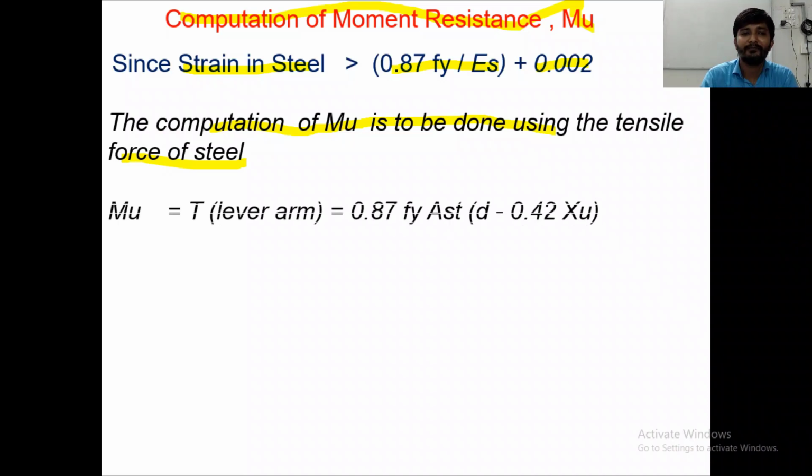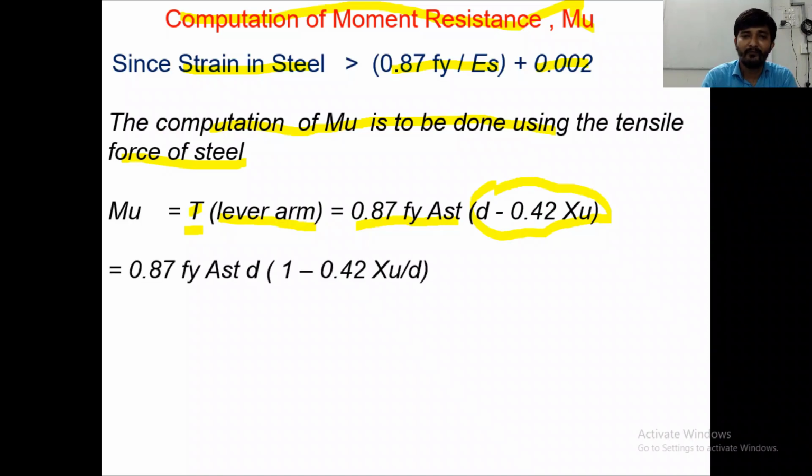So Mu will be tension force multiplied by lever arm. We know the tension force, which is 0.87 fy Ast, and the lever arm from the governing equation, that is d minus 0.42 xu, right? So my equation will become 0.87 fy Ast into d into 1 minus 0.42 xu divided by d.